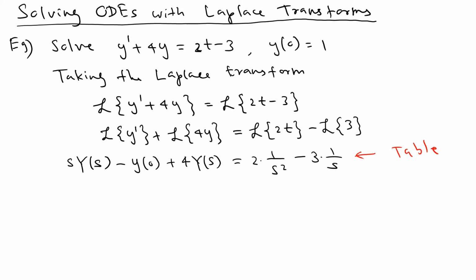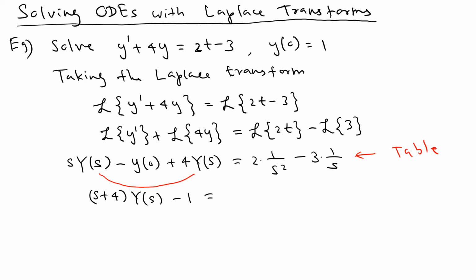Now let's plug in what we know. We know y(0). y(0) is 1. So if you plug in y(0) is 1, and also combine these two terms, because they have the exact same Y term, you're going to get (s plus 4)Y(s), and then minus y(0), which is 1.